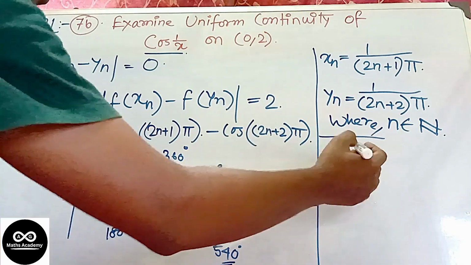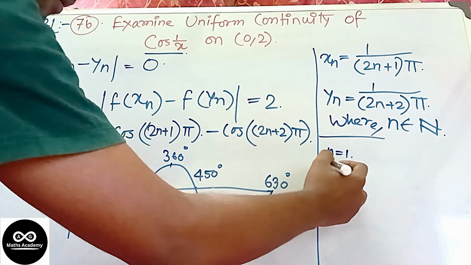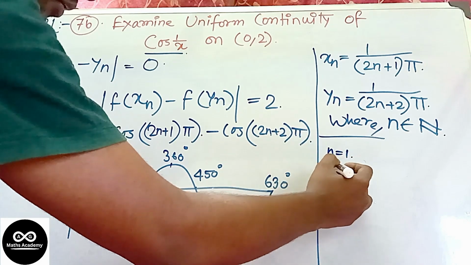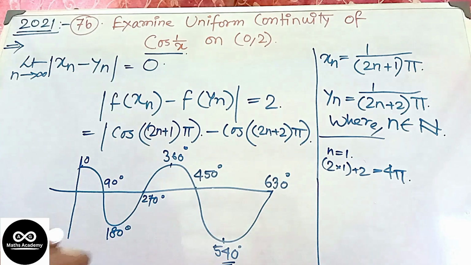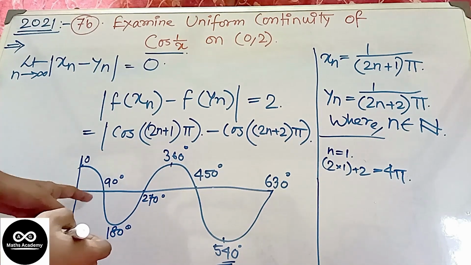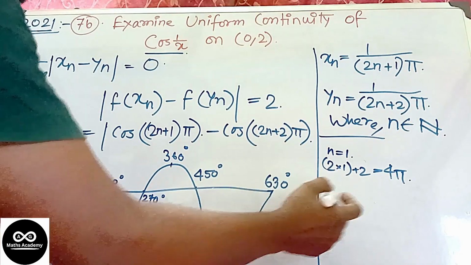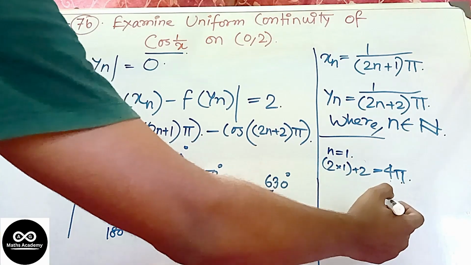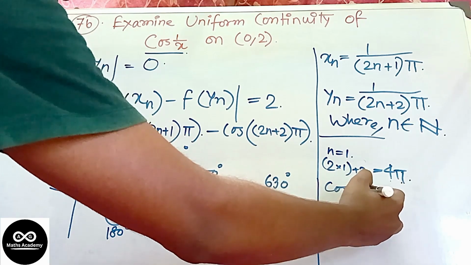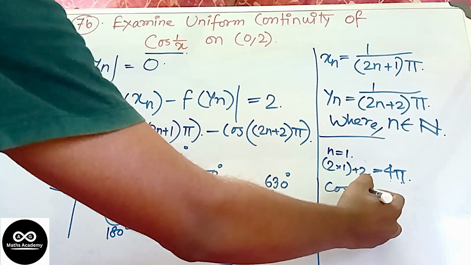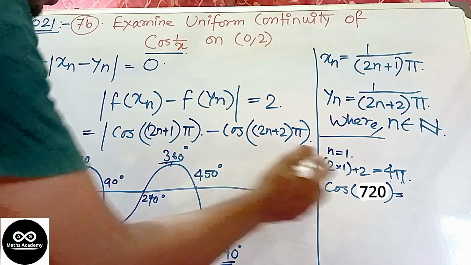Okay. And for the value of n equals 1, this is going to give us 2 into 1 plus 2, which is 4 pi. So this will be cos 360, which is 1.